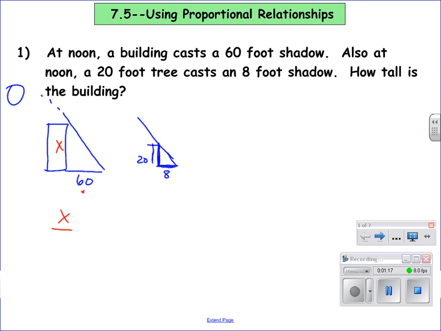So x is to 60 as 20 is to 8. 20 is to 8 simplifies to 5 over 2. And I go ahead and cross multiply, and I got 2x equals 300.